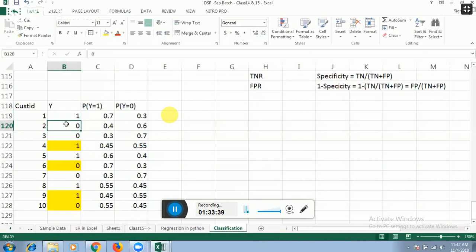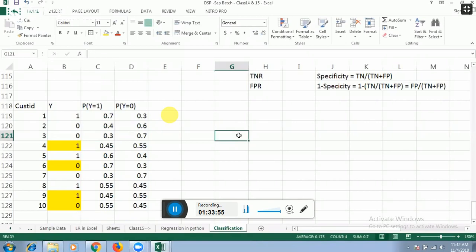Do you agree with me or not? If you agree, can I now compare these two? Of course, do we have higher probability for 1 compared to zeros? So that is the comparison I'm going to do.